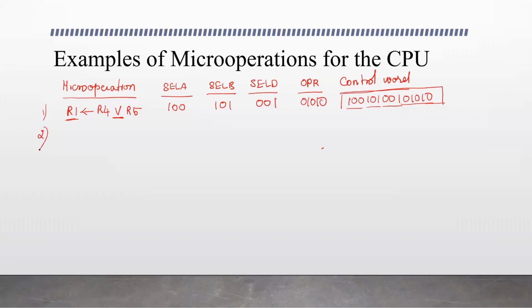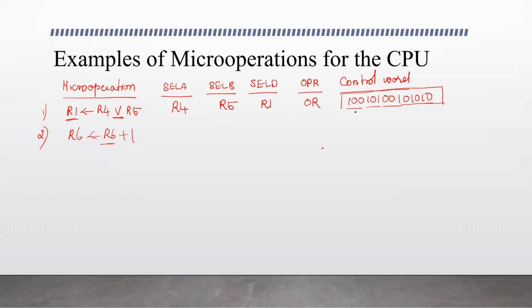And if we take R6 is R6 plus 1. What is this operation? The input register is R6 and we are performing increment on R6, right? Just incrementing R6 by 1. Instead of writing all the control words here, let's write: selection A is R4, selection B is R5, the destination register is R1, and the operation performed is OR.